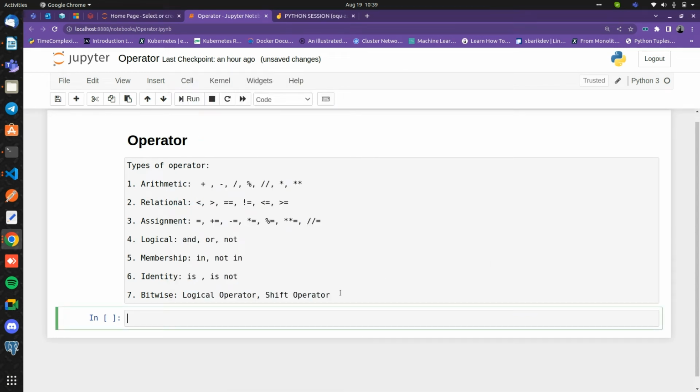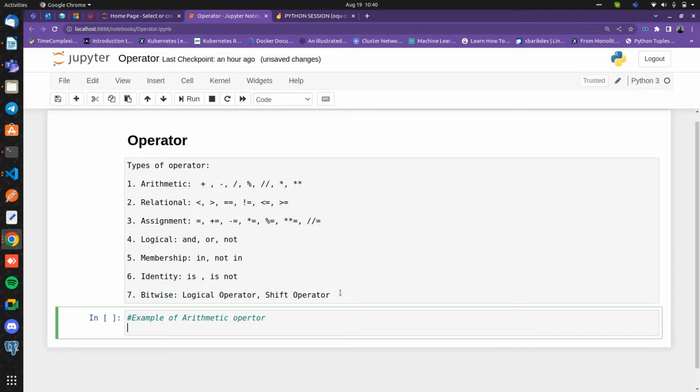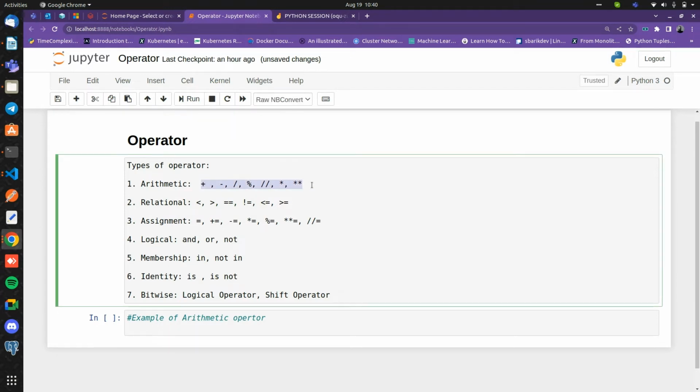Let's talk about examples of arithmetic operators. So let's say these symbols are used for the arithmetic operators.